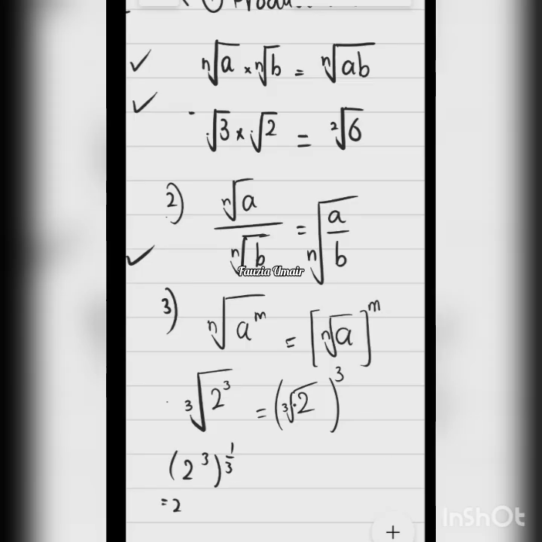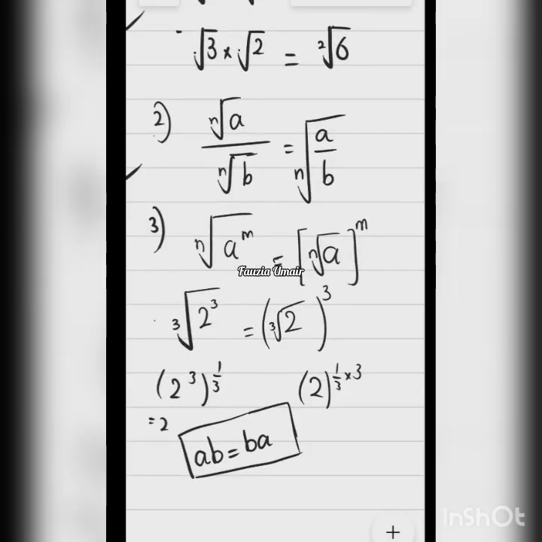So the same is the case here. If I remove this radical, this time it is 2 raised to power 1 by 3 and the upper power is 3. It does not matter in multiplication if I write 3 first or 1 by 3 first. So can anyone tell me which law this is, that in multiplication order does not matter? AB is the same as BA. This is a law in maths, no? There is a property with a particular name.